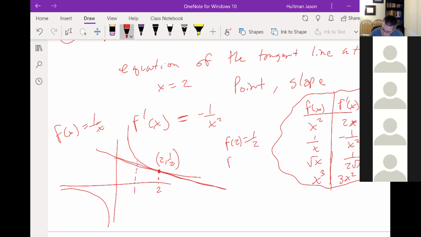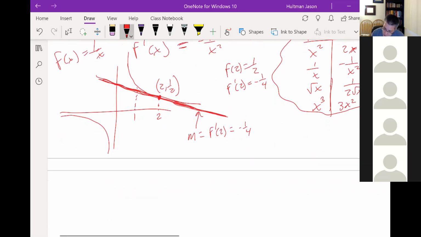What's f prime of 2? Isn't that negative 1 over 4? So what's the slope of this tangent line? The slope is f prime of 2, which is negative 1/4.